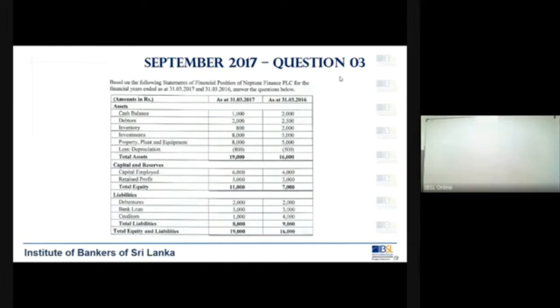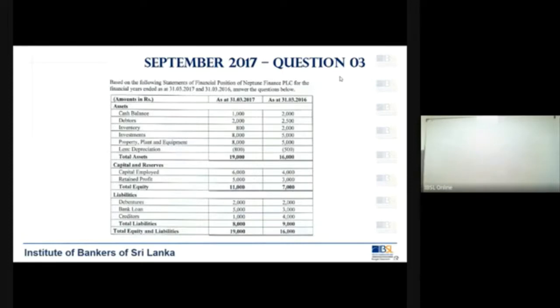But when it comes to this particular question, the examiner has been very, very clever to make it by giving only a balance sheet. 2 consecutive year balance sheets, they are requesting you to prepare a cash flow.